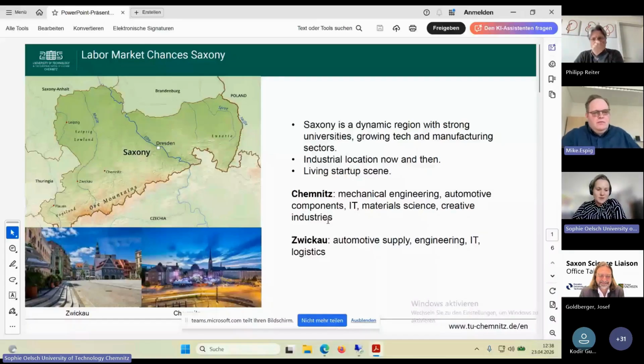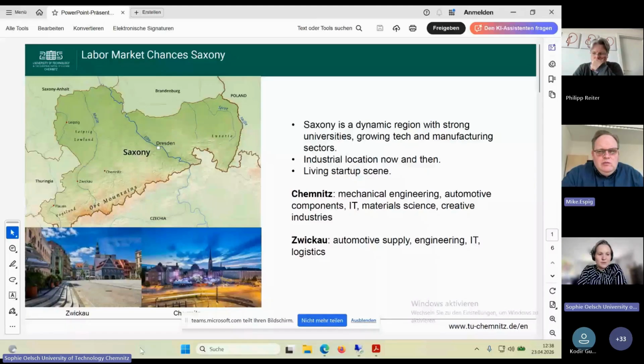So my name is Sophie Oelsch and I'm working at the University of Technology Chemnitz in the Department of the Career Service. And the Career Service is there to support German, but particularly international students during their journey from student to employee life. Just to give you a short overview about this department.